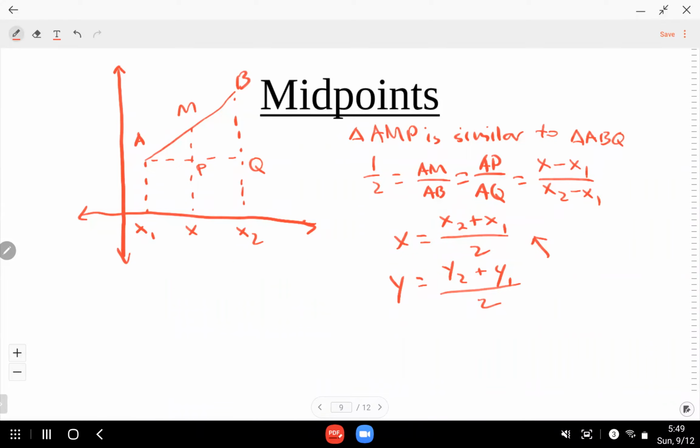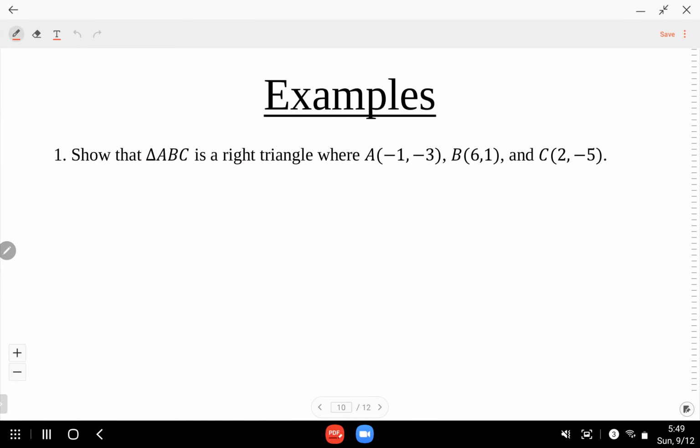So let's go through some examples. Number 1, show that triangle ABC is a right triangle where A is (-1, -3), B is (6, 1), and C is (2, -5).